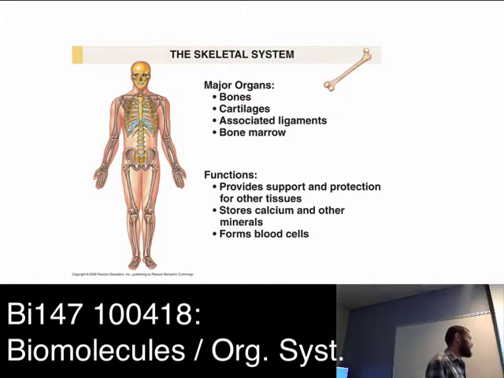So, of course, it's going to provide support and protection for the other tissues of the body. For example, the brain case protects the brain. Rib cage protects the heart and the lungs. But it also serves as a storehouse for calcium. The vast majority of calcium resides in the skeleton.